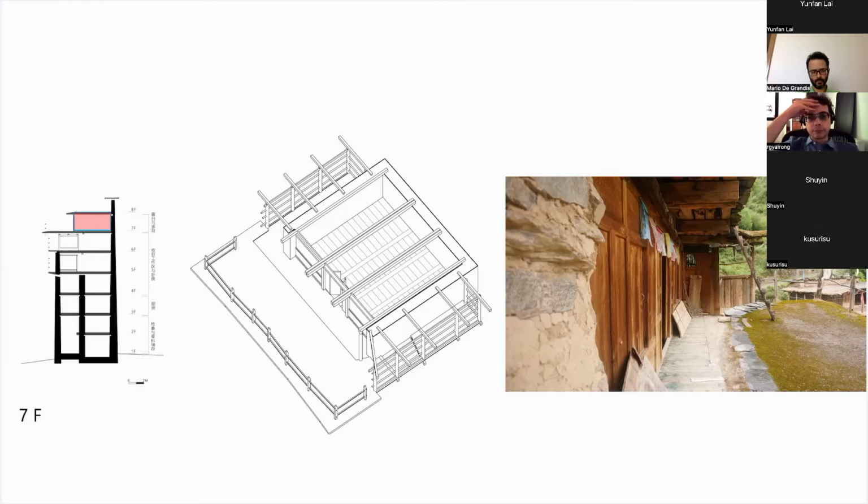And there is also a wide porch in front of this room, supported by extended beams. And this space is one of the most convenient places for local women in the past when they did their housework during the daytime, because it is the warmest and brightest space.